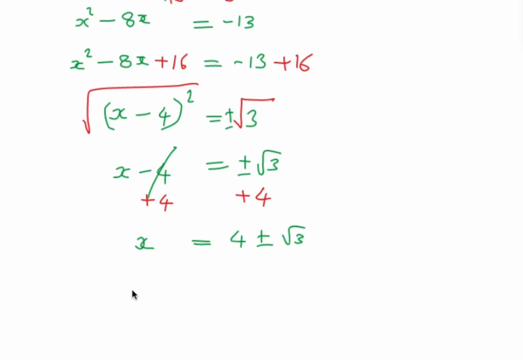So x equals 4 minus square root 3, or x equals 4 plus square root 3, and this is the answer. This is a quadratic equation, that's why we got two values.